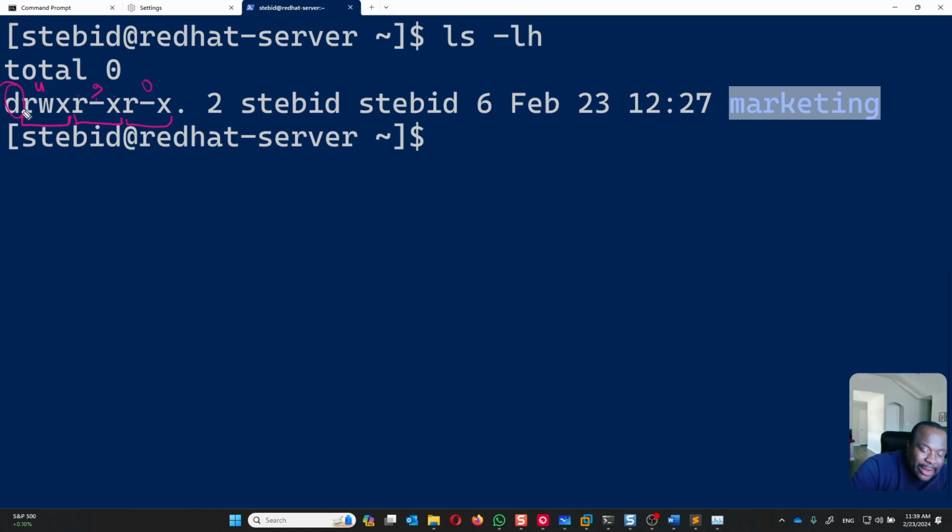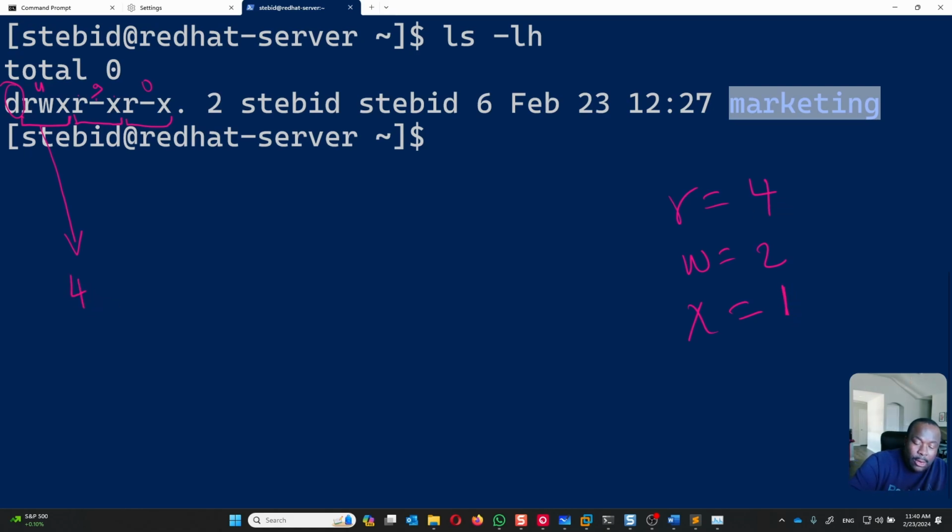Now, what is the permission number for this one? Let's do some basic math. First of all, this is a directory, and let's start with the user. He has the first 3 permissions. We're going to drag this and come down here, and we're going to say user: R is read. And what was our value for read? Let me bring the table here. Write is equal to 2. Execute is equal to 1. So read, what's the value? It's 4.